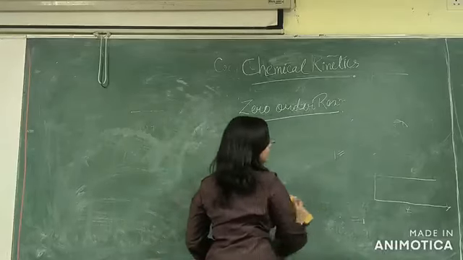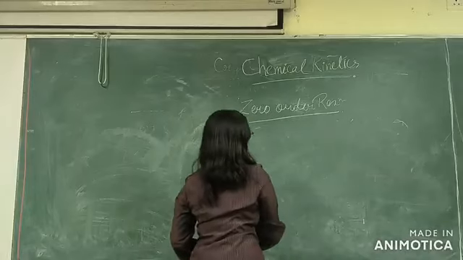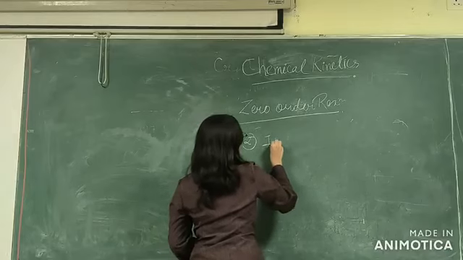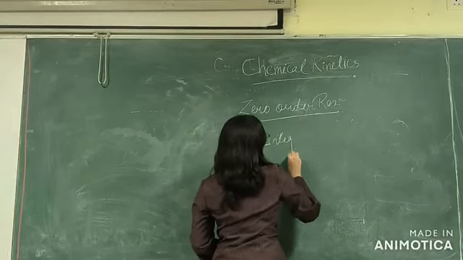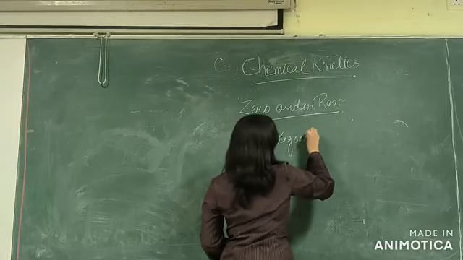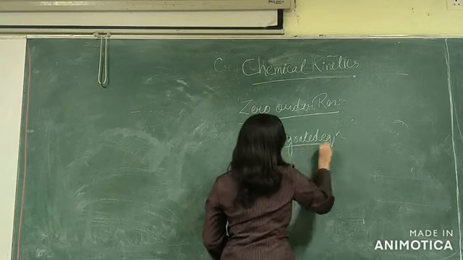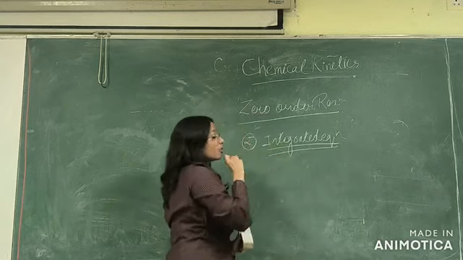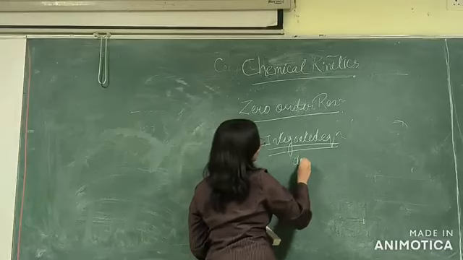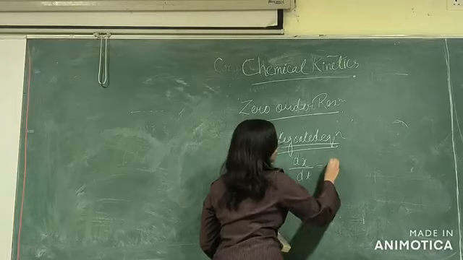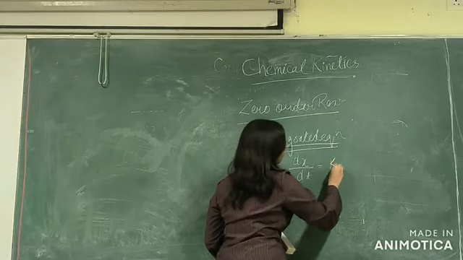And now we will see the integrated equation for zero order reaction. From the differential equation, we recall that dx by dt is equal to some constant, let us say k.